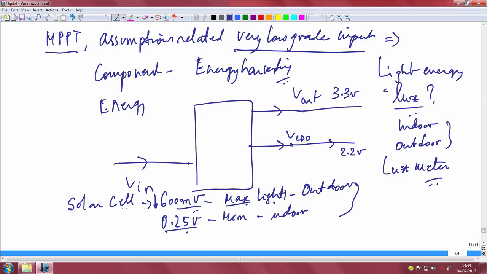of using a solar cell under input conditions of lux, which is about 200, 300, 400 lux, what is the output that you might get? Use that as an input here. Look at how you can connect a battery source such that you can charge this battery, or connect a supercapacitor and see how much time it takes to fully charge this supercapacitor.